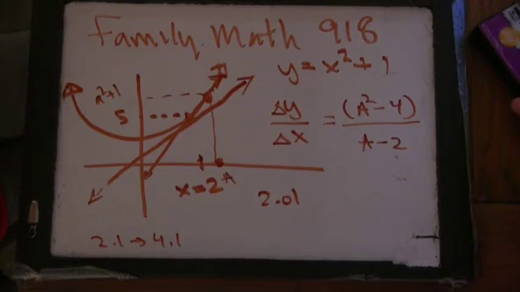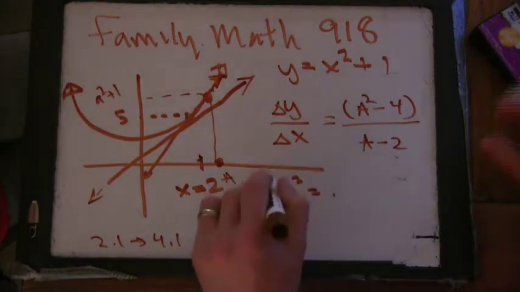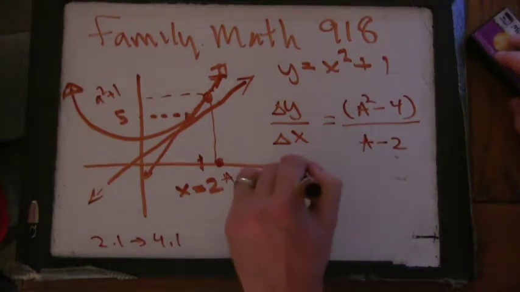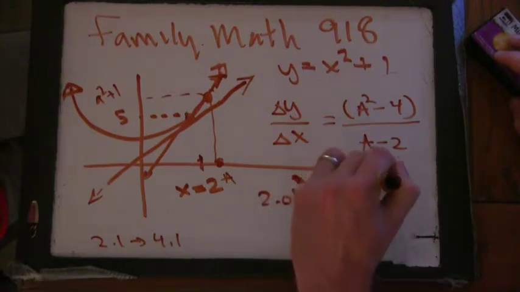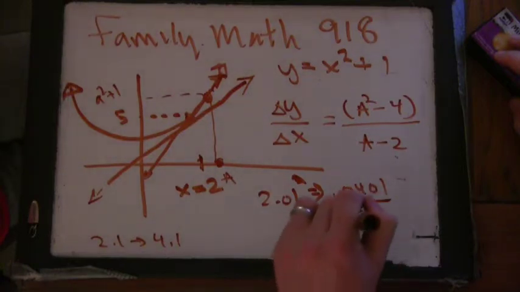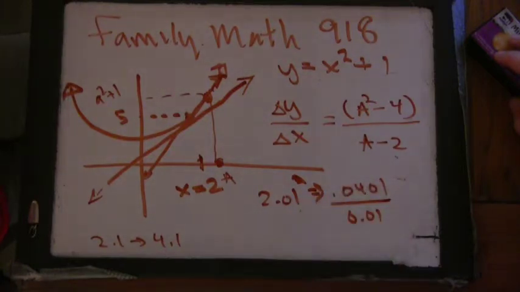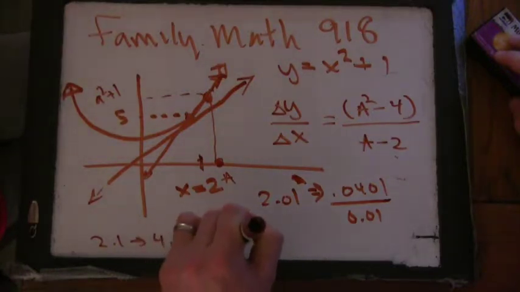Let's see what I get with 2.01. 2.01 squared minus 4 turns out to be 0.0401. And then I have to divide that by 0.01, which is multiplying by 100, so you get 4.01. Okay, so 2.01 goes to 4.01.